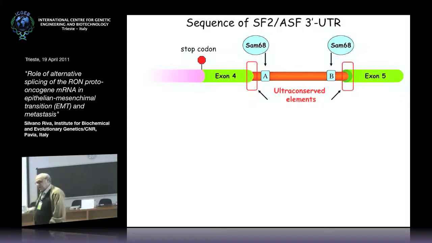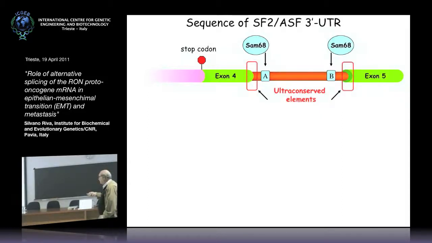That's the way it was isolated. And this is very strange because these two sites are very conserved, but what is conserved is the distance between this site and the border of the intron, all the ultra-conserved elements. So it's a very important region.